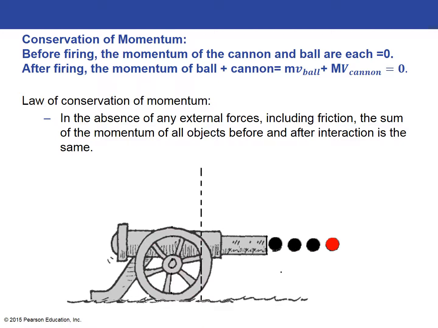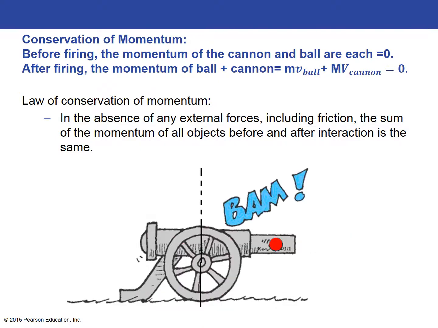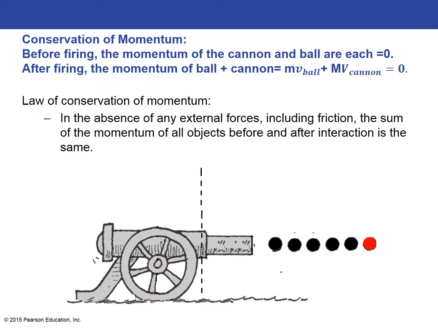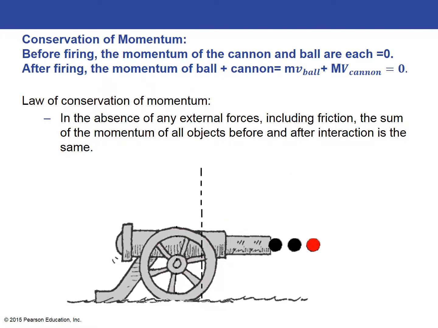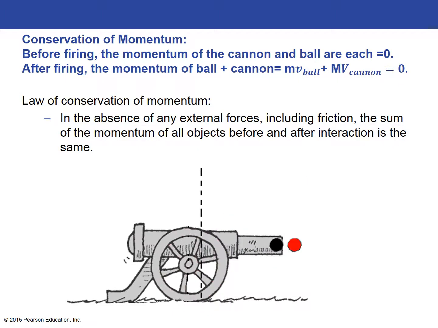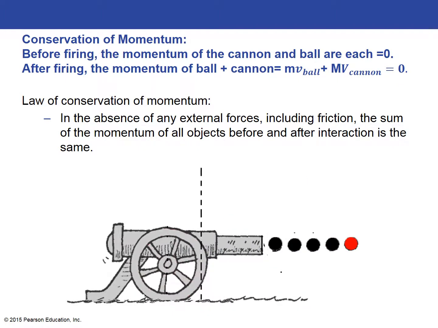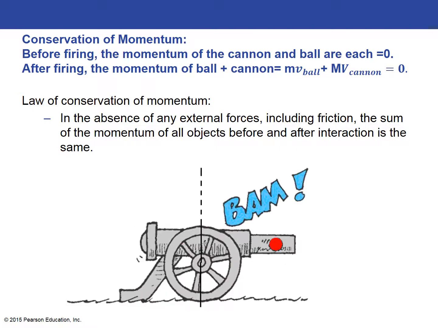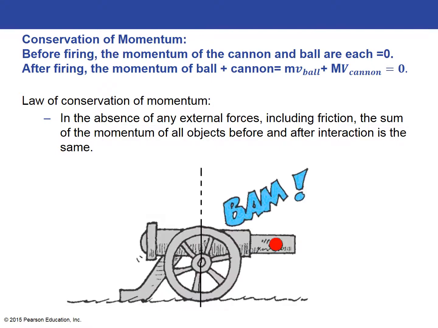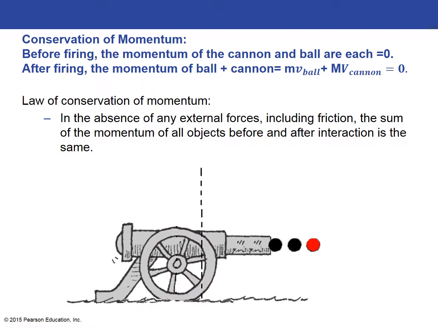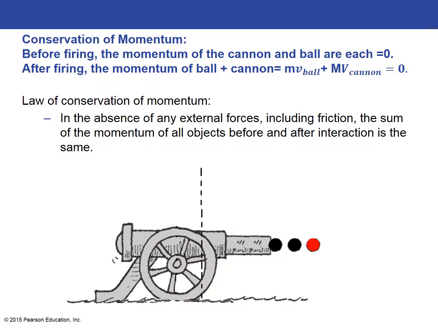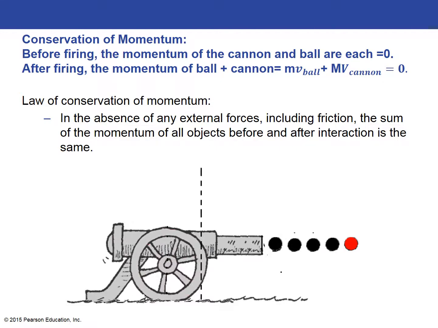And so after the firing, in the absence of any external forces such as friction, I must have the equation that you see, which is the mass of the ball times its velocity plus the mass of the cannon times its velocity must add up to zero, which clearly states that the velocity of the cannon will be opposite to the velocity of the ball, as we know from its property of recoil. So conservation of momentum can be applied here and give us a very accurate picture of what's going on.